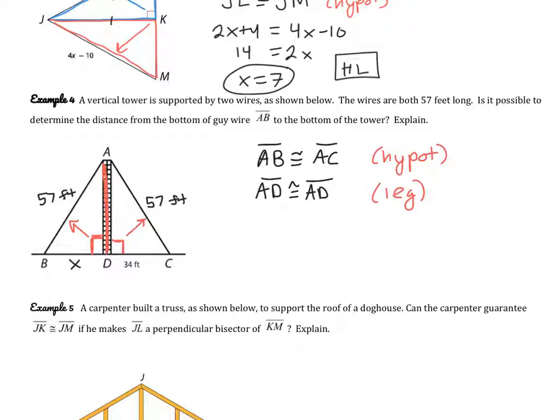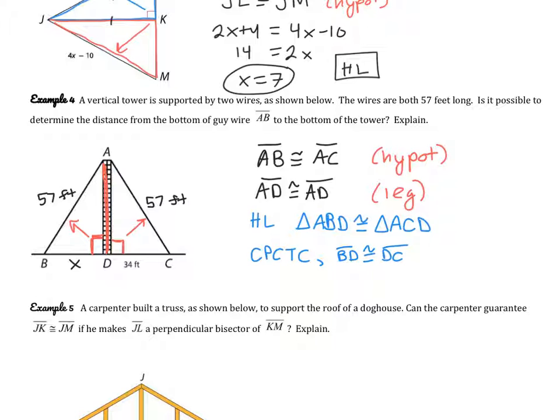Due to HL triangle congruence, we know that triangle ABD is congruent to triangle ACD. And then thanks to CPCTC, corresponding parts of congruent triangles are congruent, we know that BD must be congruent to DC.